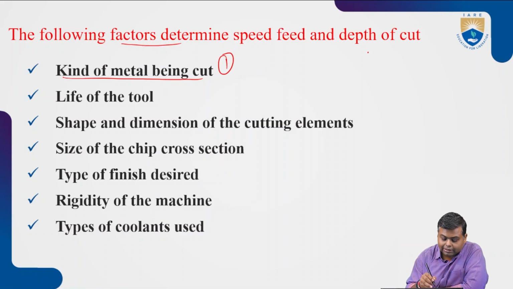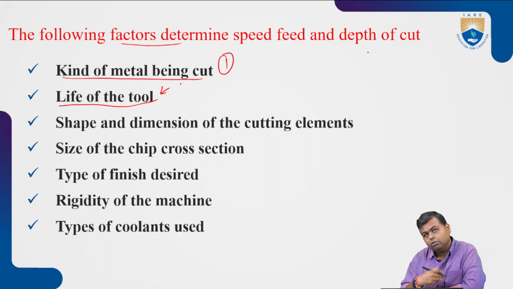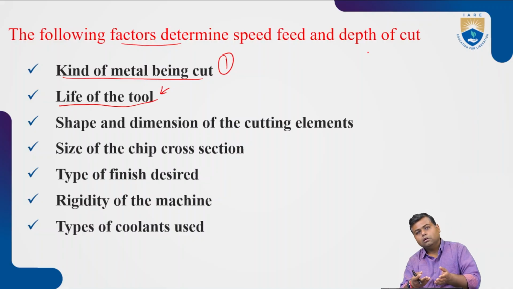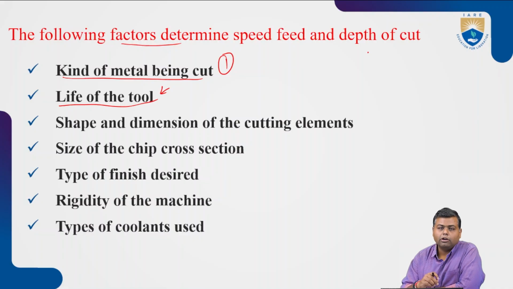The second factor is the life of the tool. This is very, very important, and that is what we are going to discuss in the next slides. The life of the tool should be in increasing mode, not decreasing mode. If you increase the speed rapidly, the tool life gets decreased.